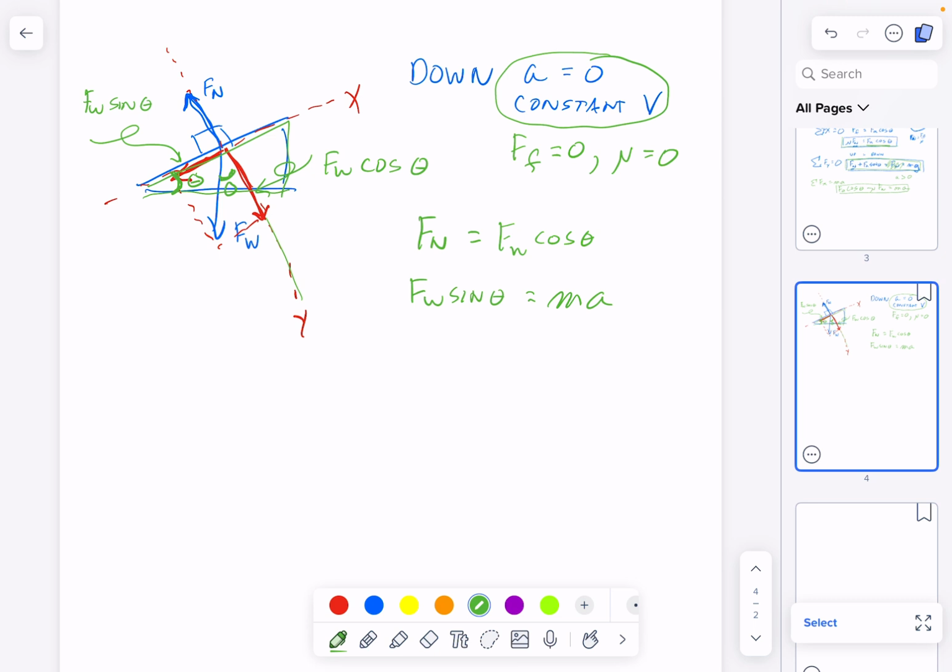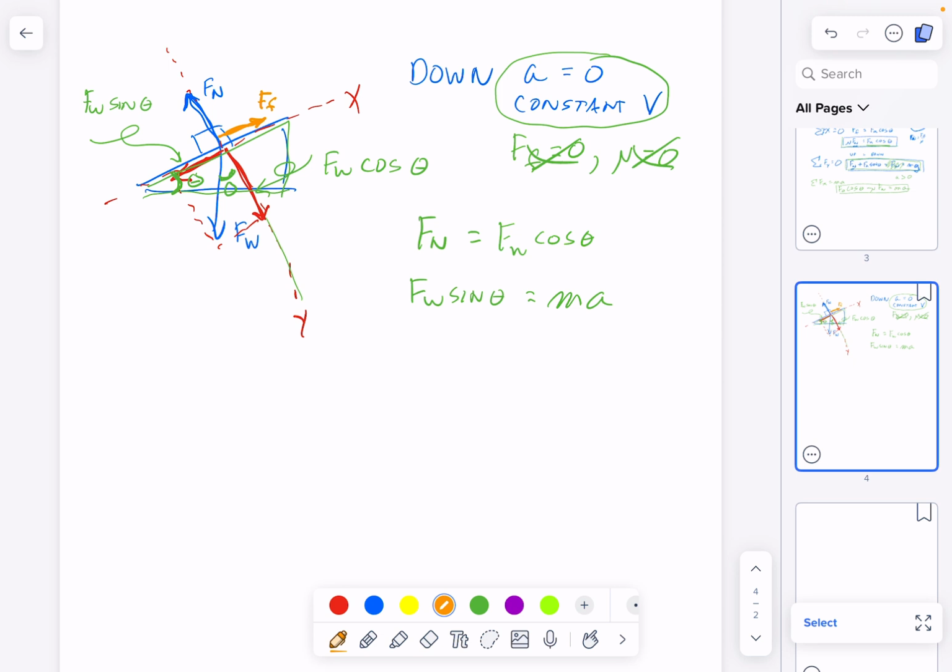If, however, there is friction, so I'm going to cross that out, that means we're going to have a force of friction acting up the plane. And let's ask this question.